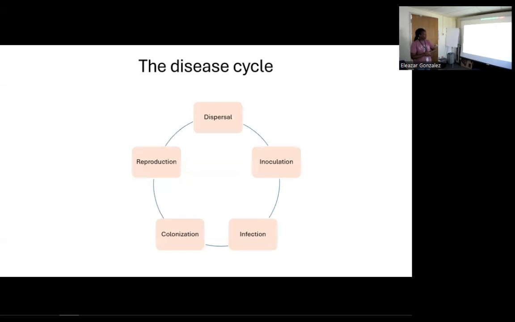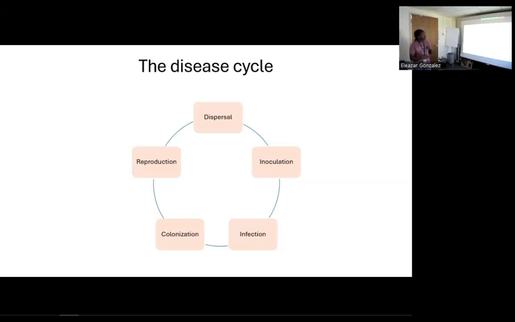Thank you. Another important concept is the disease cycle. We have those three factors: the pathogen, the host, and the environment. But now we want to look at how the disease is going to develop from the time the spore or pathogen is introduced to the host.